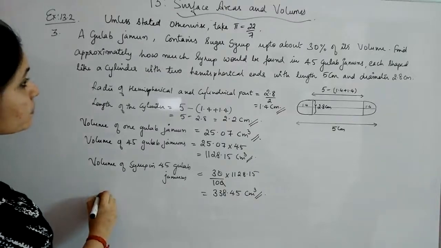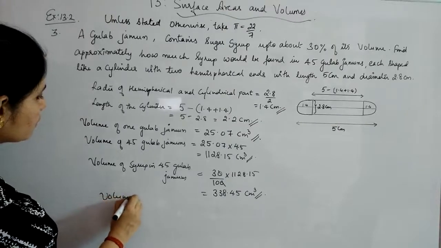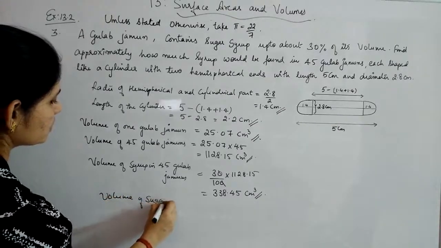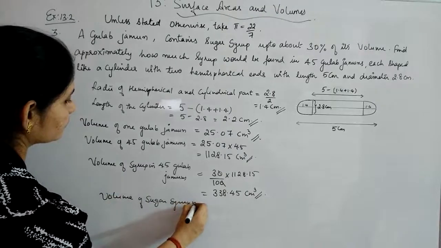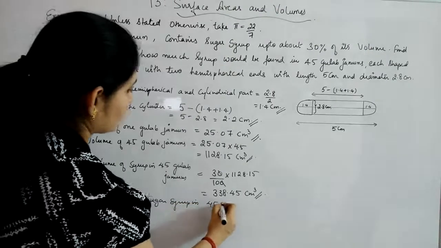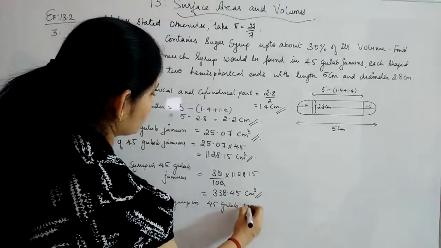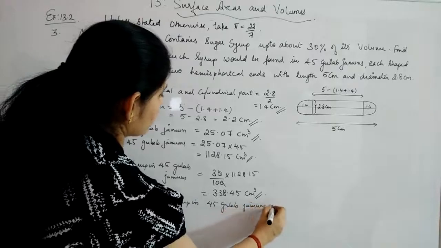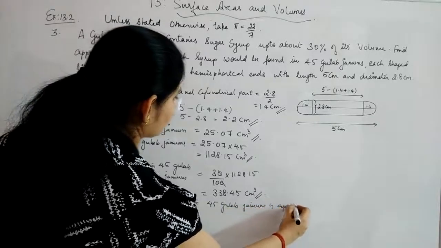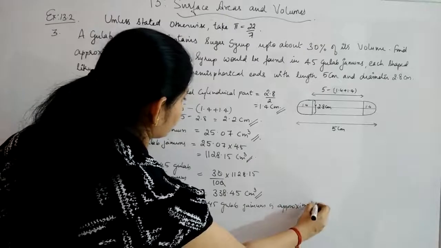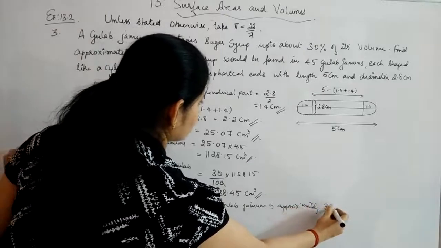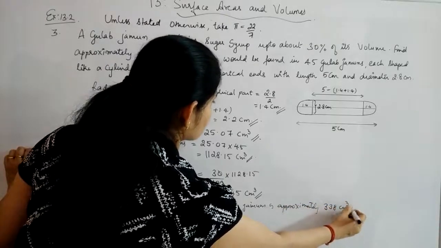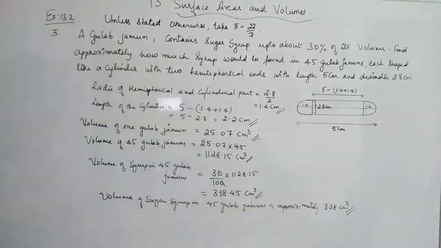So the volume of sugar syrup in 45 gulab jamuns is approximately 338 centimeters cube.